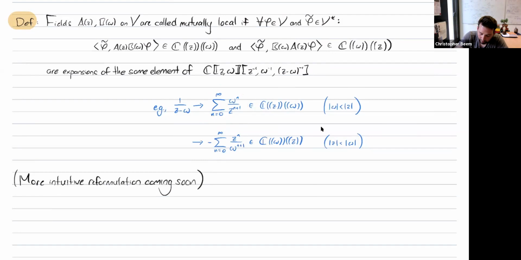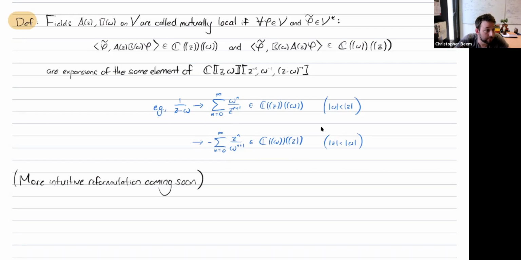So this thing has globally bounded negative powers of W. In fact, it has no negative powers of W. And then at a fixed power of W, you have a bounded negative power of Z. And if you expand the way that you would if Z was less than W, you get a different thing that lives in this other space where the roles of Z and W are swapped. And so these are two elements of these two different spaces, which are expansions of the same element of rational functions of Z and W.